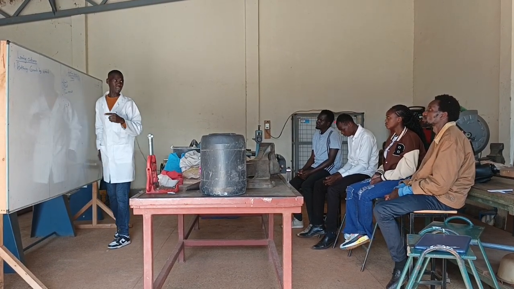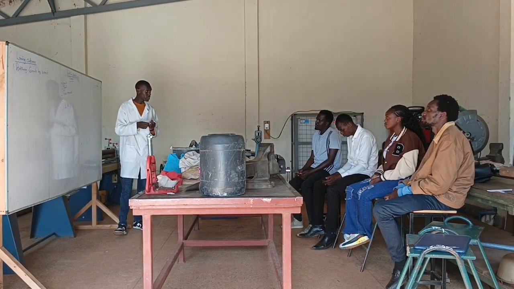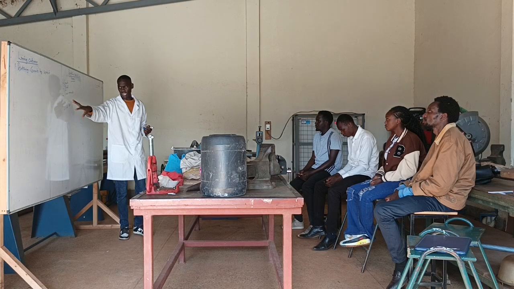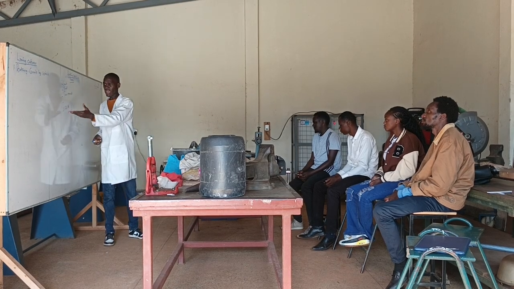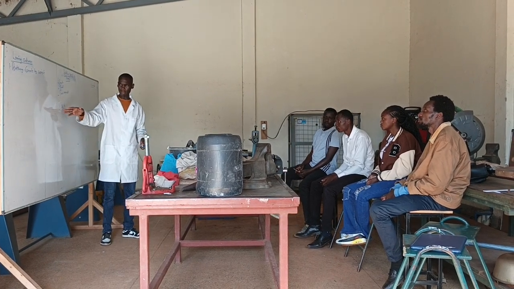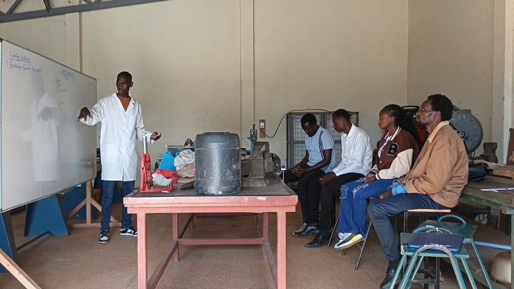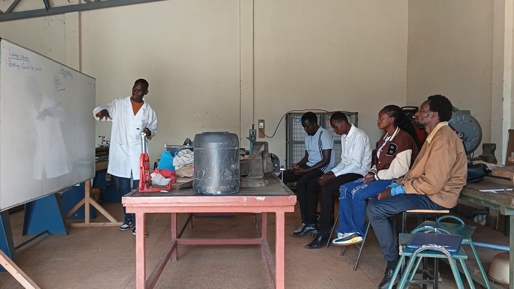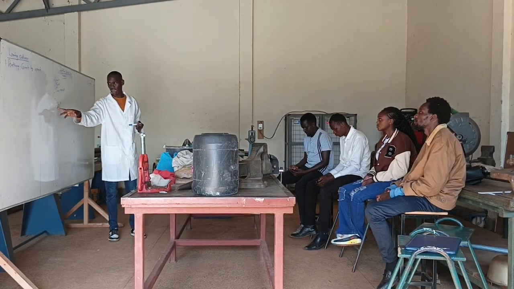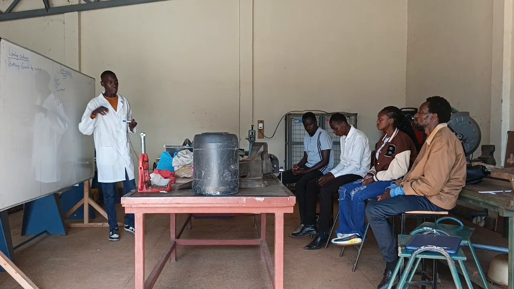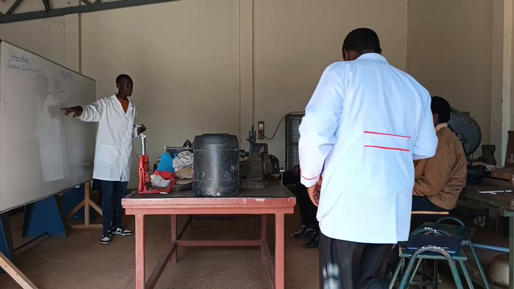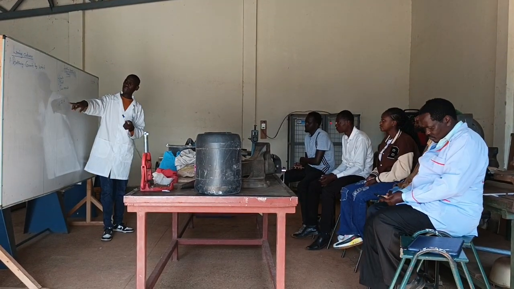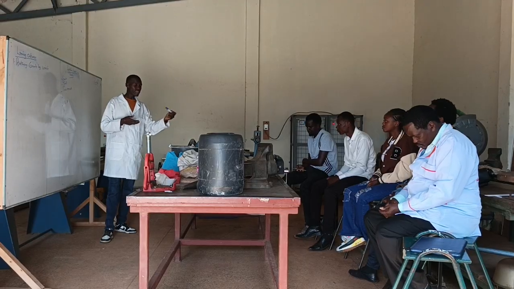The ratio that I'm going to use is the ratio of 1:2:4. Remember, this is the standard ratio that is being used in the construction industry. Meaning, the cement is 1, you can have 1 bag, or you can measure it by grams. For example, this is 500 grams for cement, and the sand should be 2 times the weight of the cement.